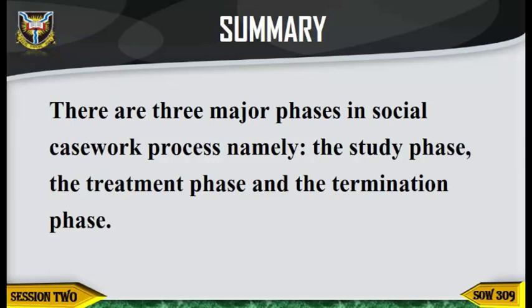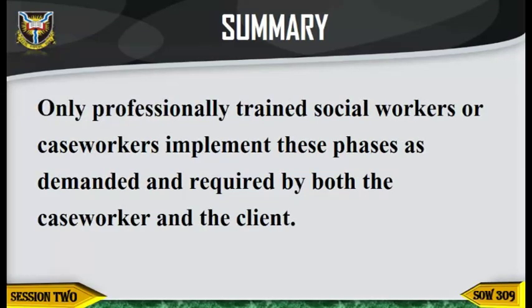The study phase is the initial period when facts about the client and his family are obtained by the caseworker. Treatment phase is the middle and the period when the caseworker intervenes in the client's case. Termination phase is the ending of the casework process.